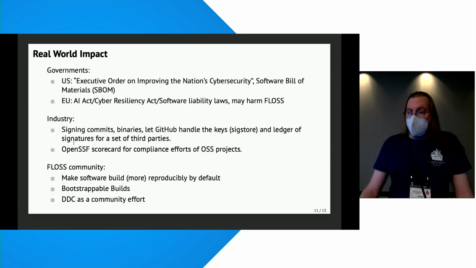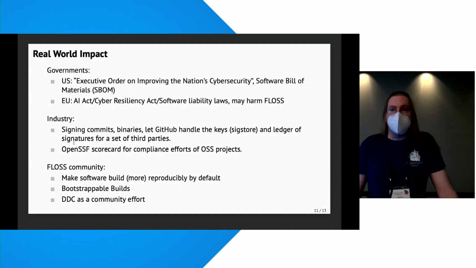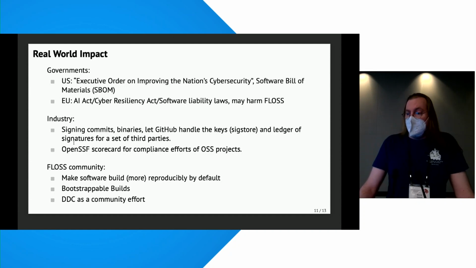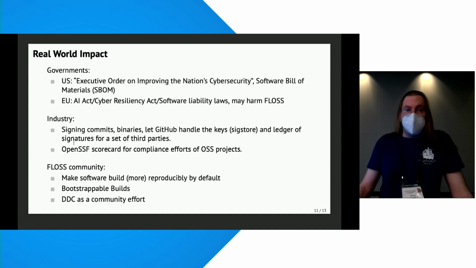And there's some real-world impact. You might have heard of software bill of materials. Well, this was also mentioned by President Biden in the executive order on improving the nation's cybersecurity, on the order of $100 billion. And in the EU, there's liability laws being discussed, which might harm free and libre open source projects. In industry, there's signing commits.